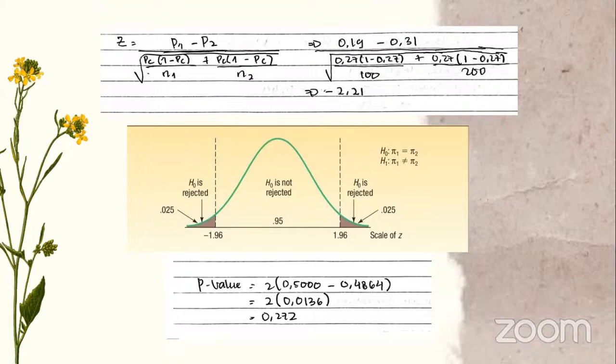We multiply the value and we get 0.0272. The p-value of 0.0272 is less than the significance level of 0.05. So our decision is to reject the null hypothesis.